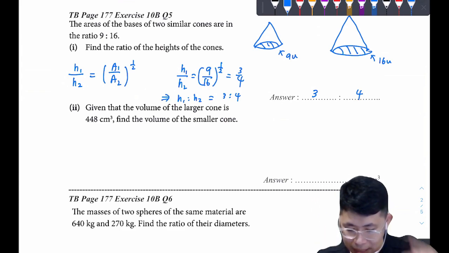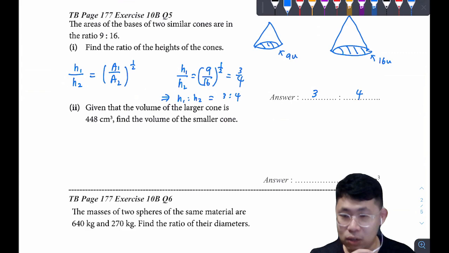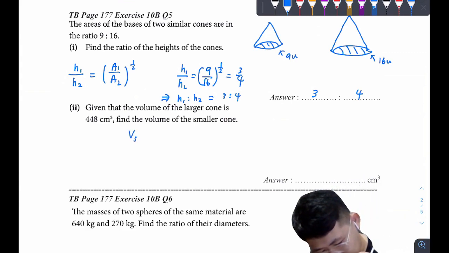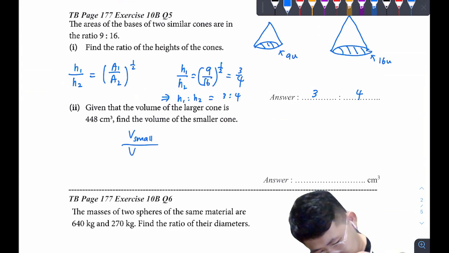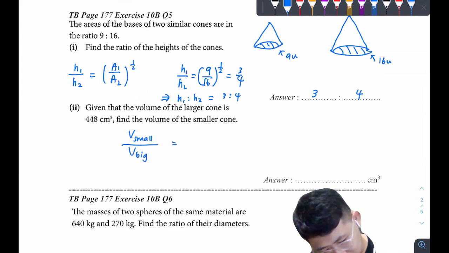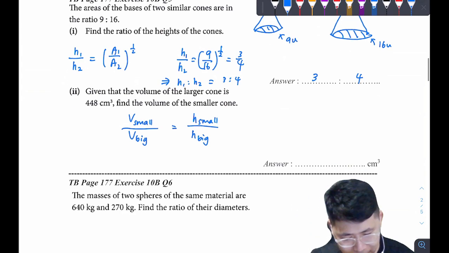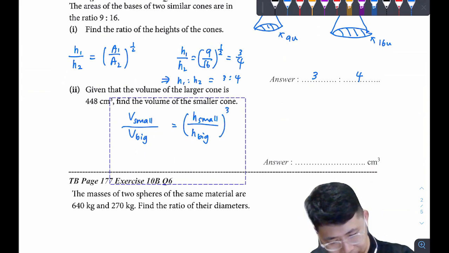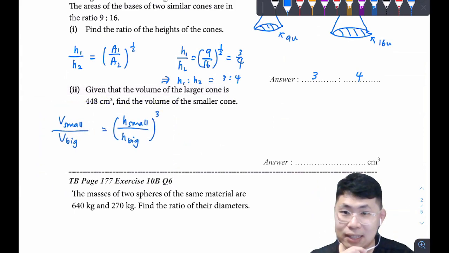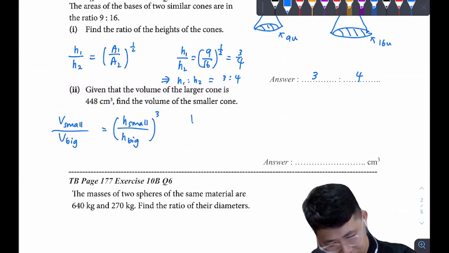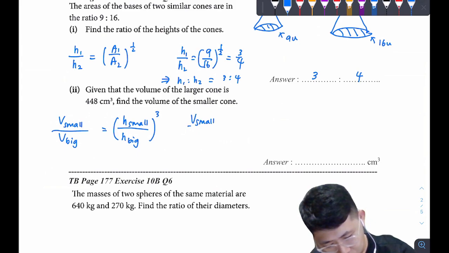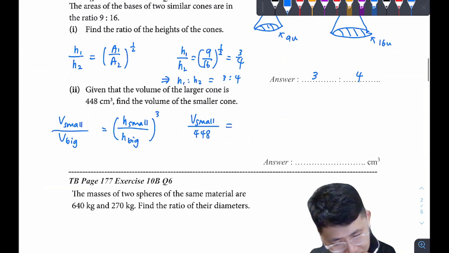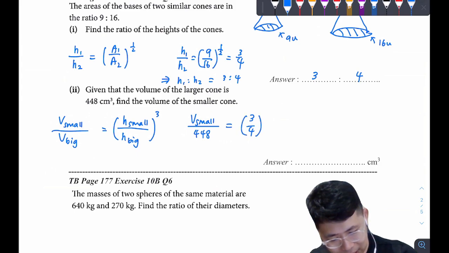Given that the volume of the larger cone is 448, find the volume of the smaller cone. The volume of the smaller cone over the volume of the larger cone is equal to the height of the smaller cone to the height of the bigger cone, but we need to cube. The height ratio is 3 to 4, like what we found earlier.